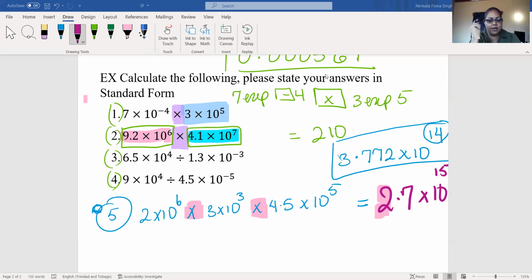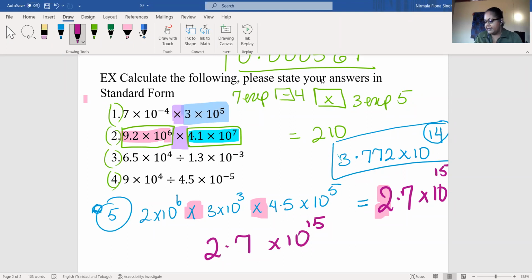Now, how do you write this down? I see some people here writing it correctly in the chat, but some people don't know how to express 2.7 by 10 to the 15. How do I write that when I'm typing? Right now, this indicates a power. Nowhere on our phones do we have powers.